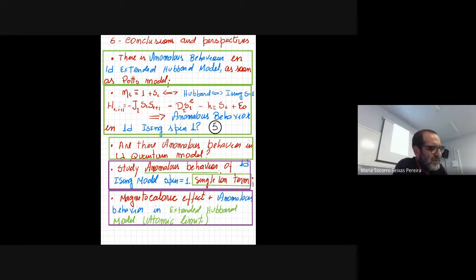If we look at the nanowire, we can think it's possible to go to two dimensions using nanowire. Is there some signature of the pseudo transition in two dimensions? We don't know the answer to this question.